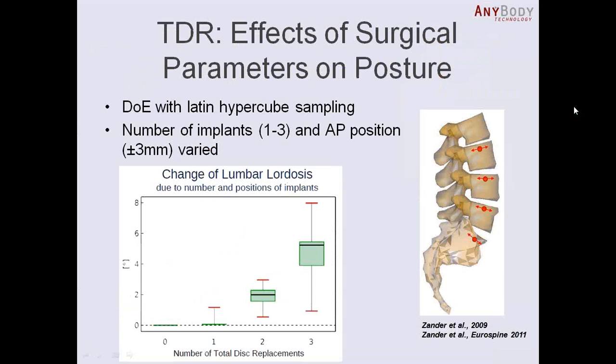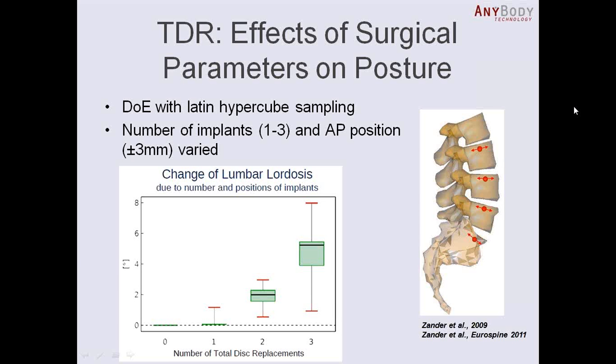Zander and colleagues used a probabilistic approach based on Latin hypercube sampling to study not only disc placement but also the number of discs used in a single patient. Lumbar lordosis was reported as an indicator of spinal balance and stability.